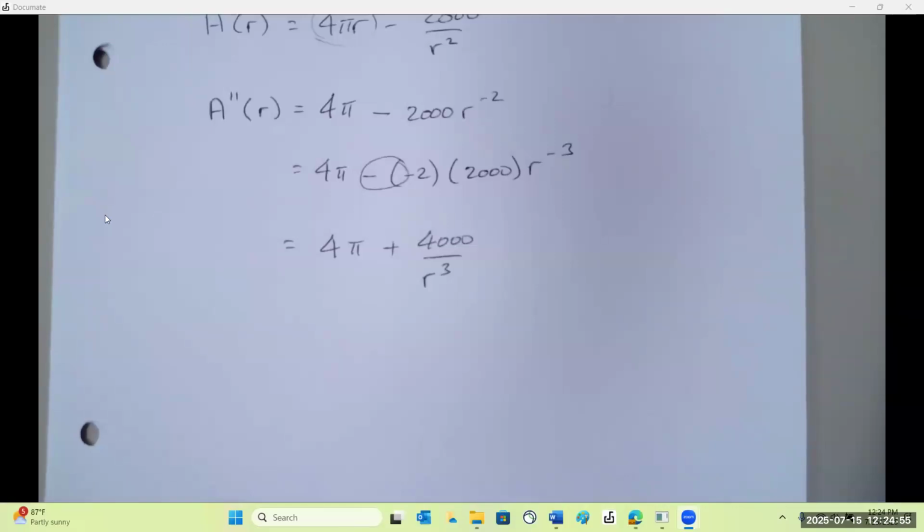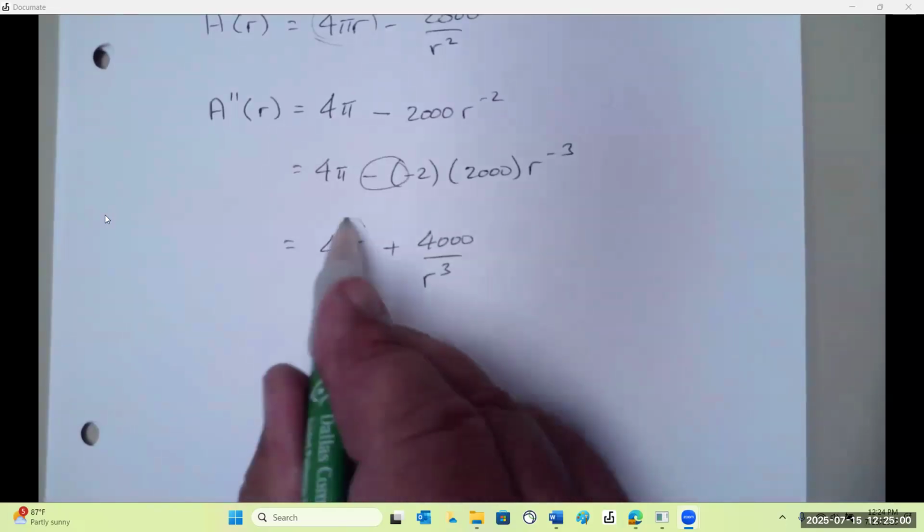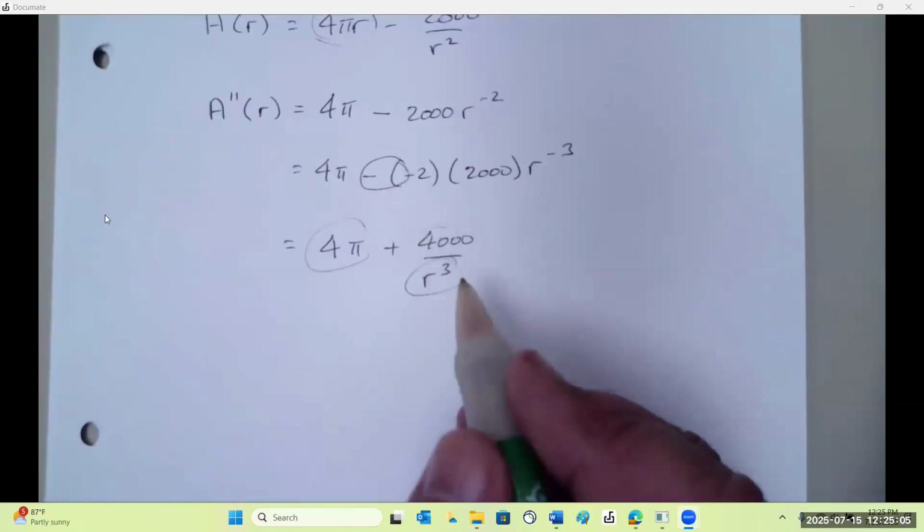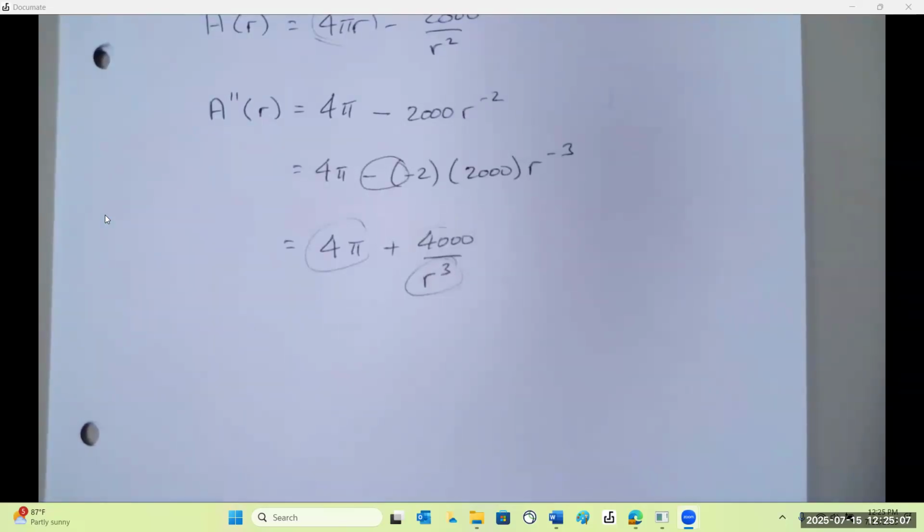What do we know? In this equation, 4 pi is a constant, right? 4000 is a constant. What about R? What's our domain of R? Can R be negative? Can you have a negative radius? No. Can it be 0?